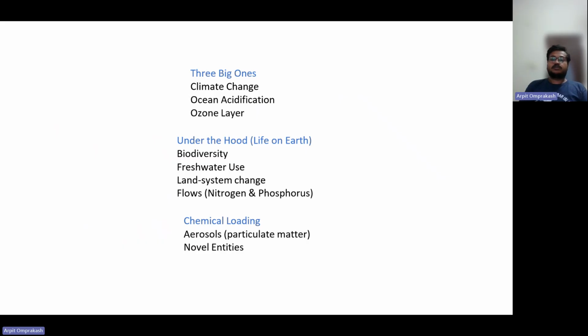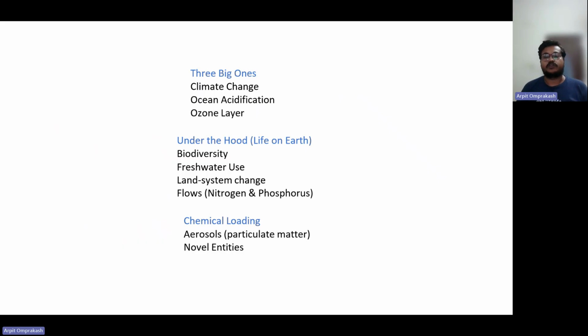Then under the hood are the things that support life on Earth. The first 3 big ones are things that can drastically affect life on Earth. The rest are under the hood, as in these are things that support life on Earth. If there's a change in biodiversity, if there are very few species, the survival of life on Earth would be very difficult.